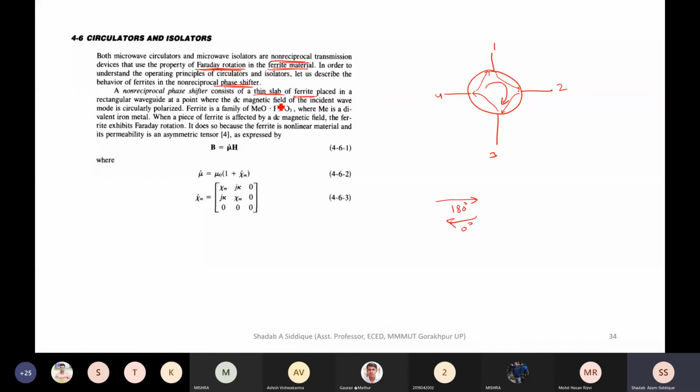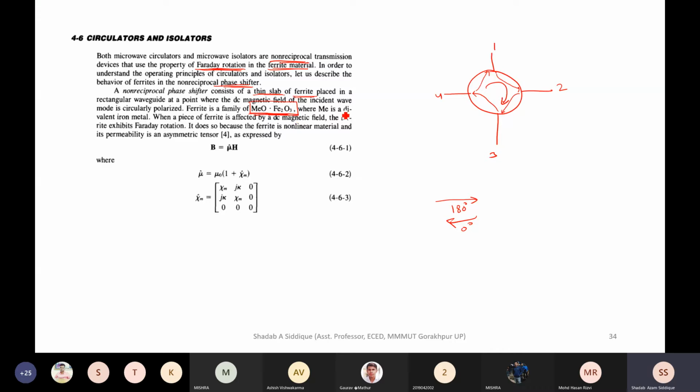Whenever we apply a linearly polarized wave in the rectangular waveguide, it becomes circularly polarized when it goes inside. Ferrite is a family of MeO Fe2O3. That is the formula which is given, MeO Fe2O3.